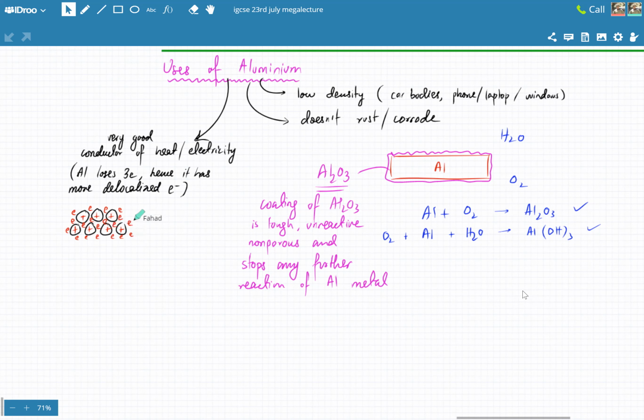So they would help electricity conduction. Charges can move around, and heat would be conducted very fast as well. If this electron over here gains energy, it quickly jumps to the other side and transmits energy to something else. So the flow of heat is going to be very, very fast as well.